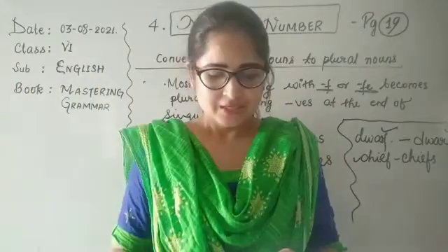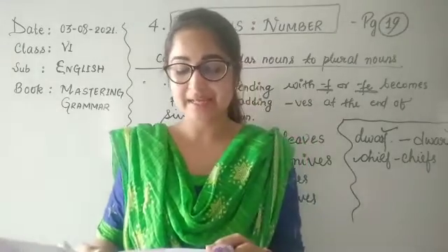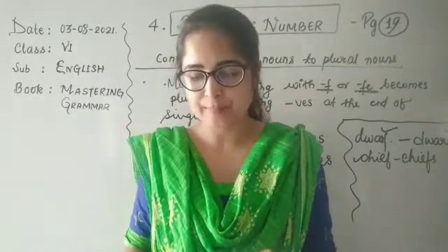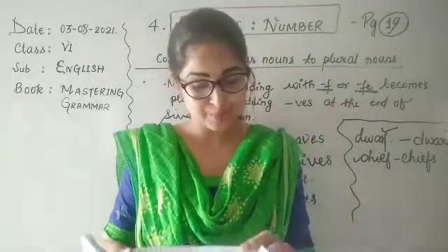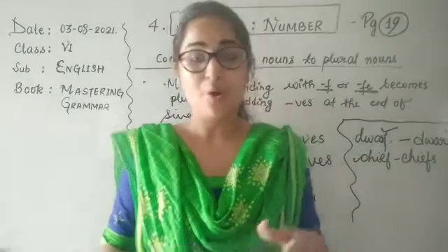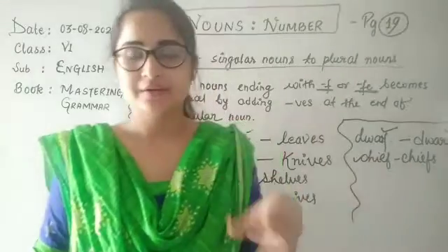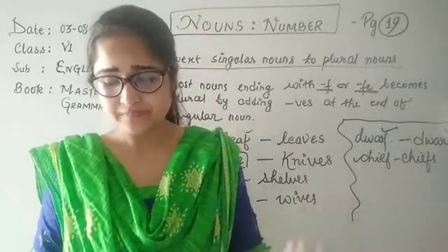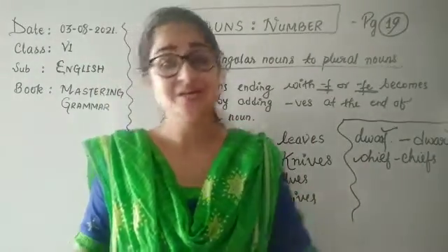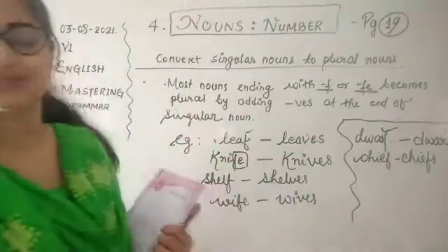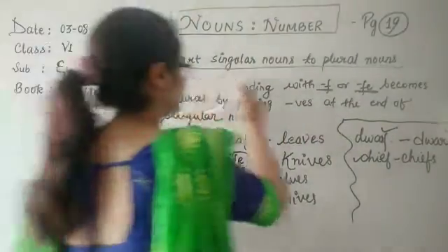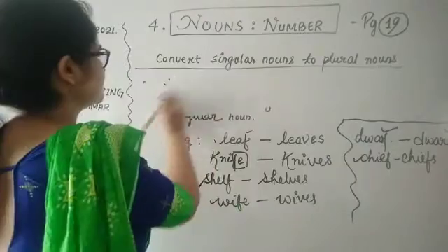Now, most nouns ending in O form their plural by adding es to the singular. You should remember this also. All the nouns which will be ending with O, we will add es to the singular noun. Let's write the rule first, then I will be giving you examples.